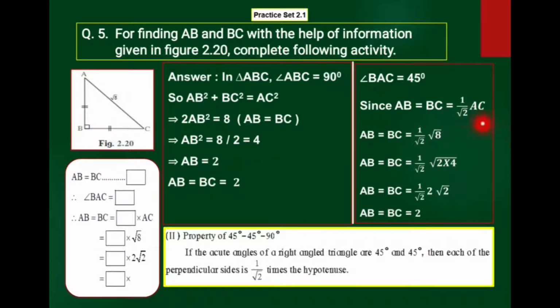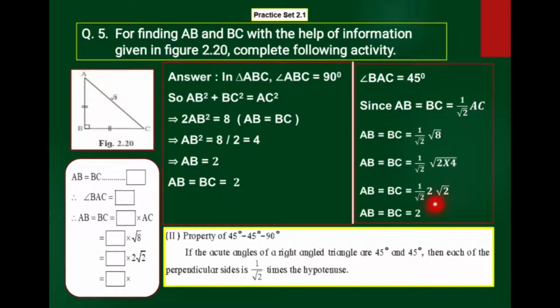Now we substitute the value of AC. In the diagram the value of AC is given as root 8, so we write root 8 here. We split 8 into 4 times 2, so taking the square root of 2 and the square root of 4, the square root of 2 we cannot calculate, so we write it as it is, and the square root of 4 is 2.